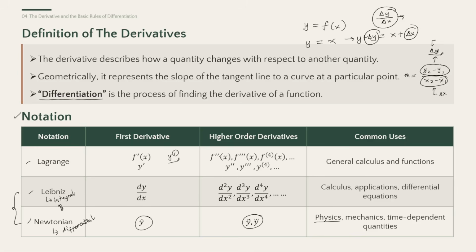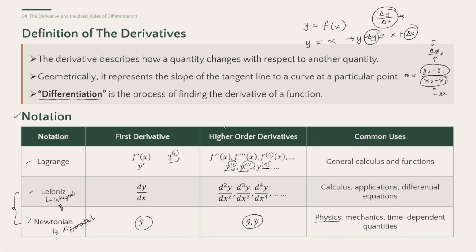For higher order derivatives, we have y double prime, y triple prime. But if the order of the derivative exceeds the third, we use this notation: a number enclosed by parentheses. Take note, that is not an exponent.